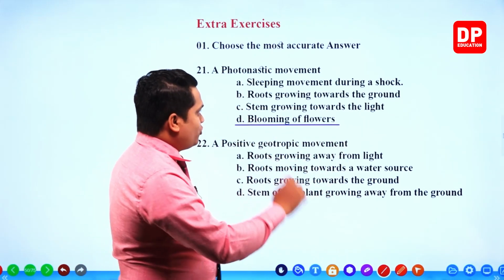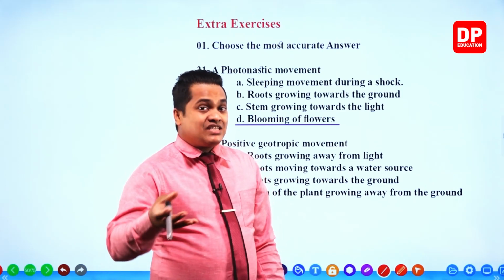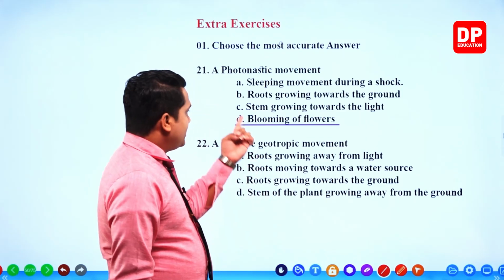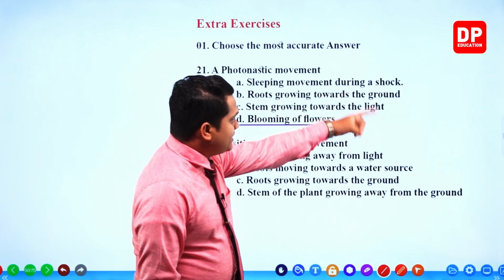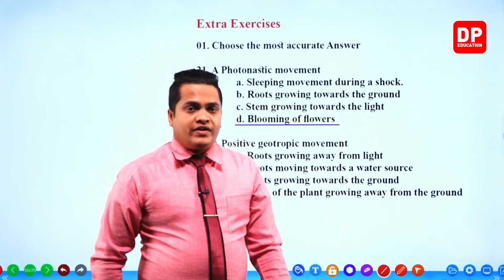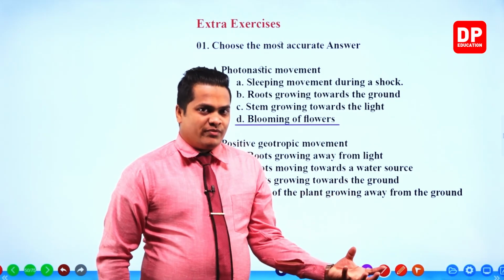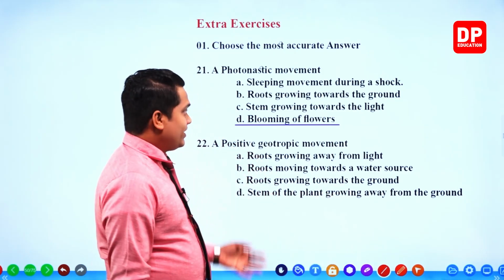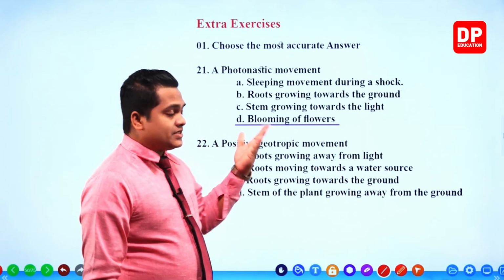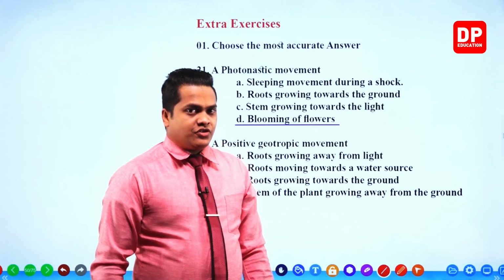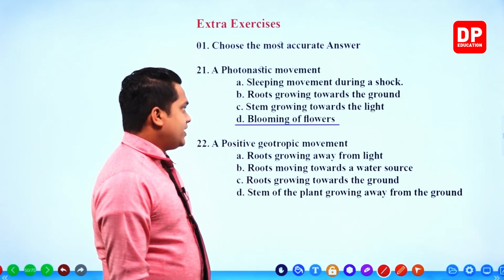Sleeping movement during a shock, that is a seismonastic movement. Roots growing towards the ground. Ground means geo, so it is a geotrophic movement. As it is growing towards, it is a positive geotrophic movement. Next one.